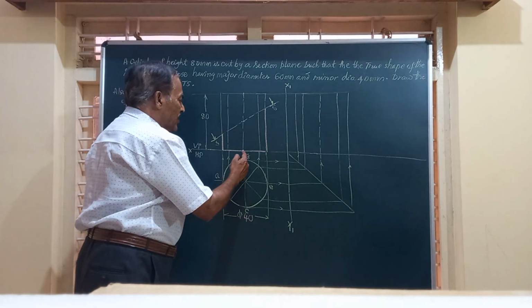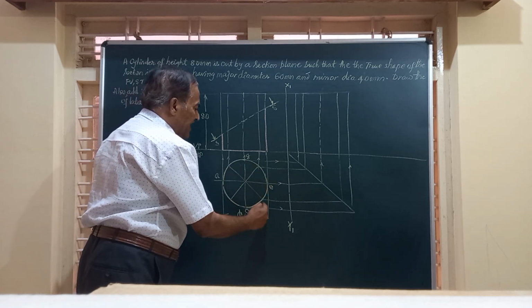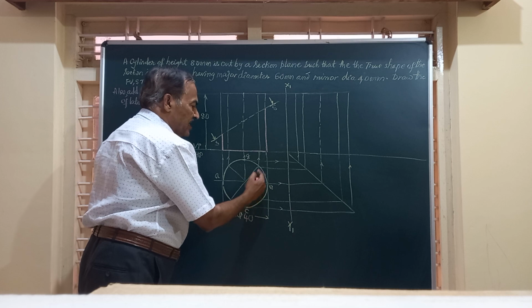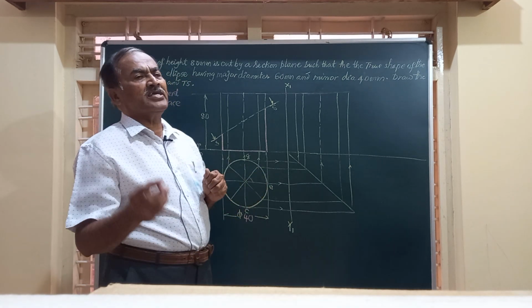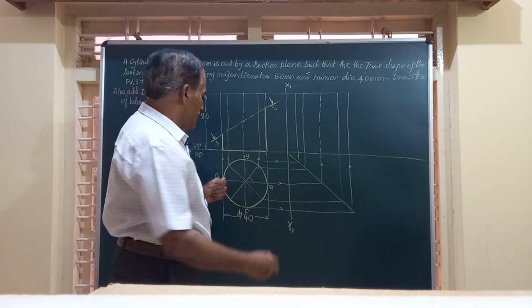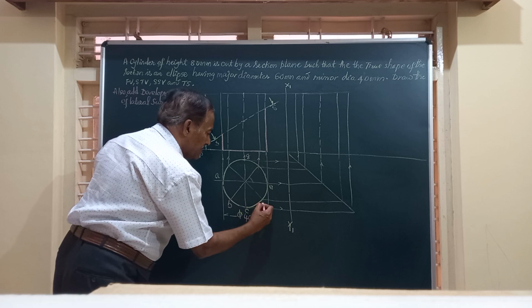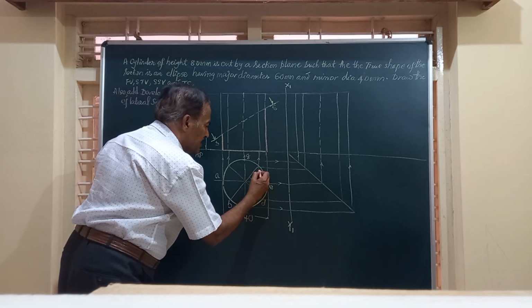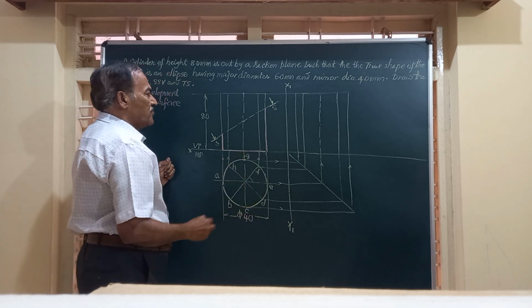That is, we draw a vertical line, a horizontal line, and lines at 45 degrees to the horizontal. You are going to get this circle divided into 8 equal parts. So we will name these divisions as A, B, C, D, E, F, G and H. So this is the top view.